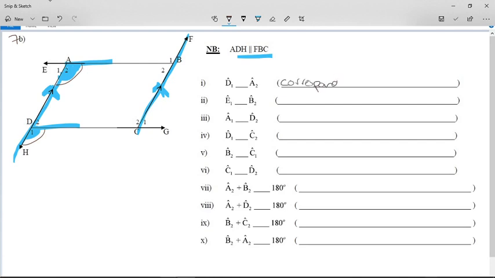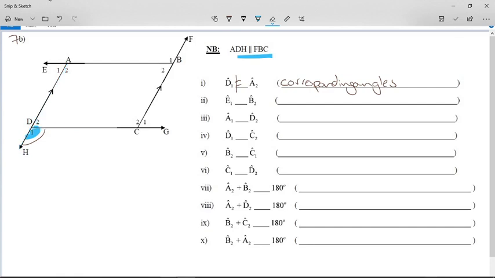But AB is not necessarily parallel to DG. There's no arrow here. I've just drawn in arrows, those arrows don't exist. So this F shape is still making corresponding angles, but D1 is not equal to A2 because the lines are not parallel.